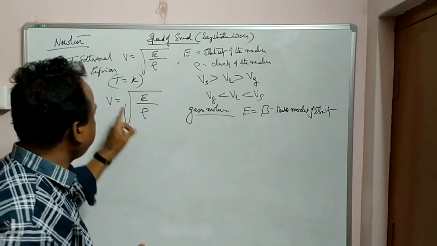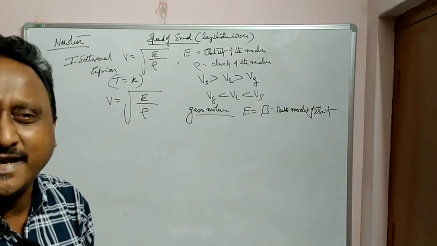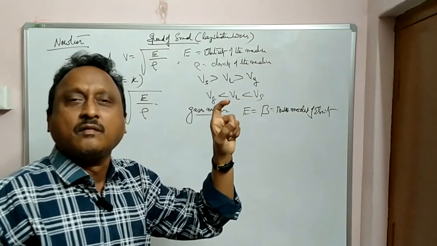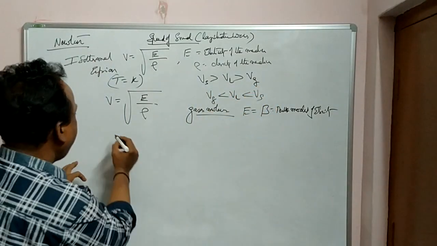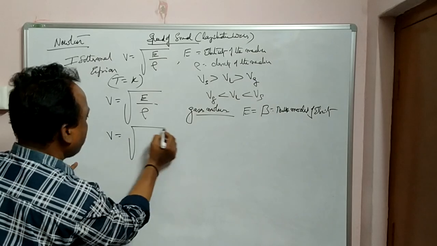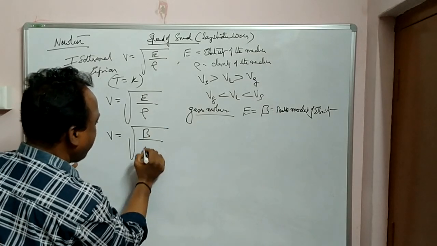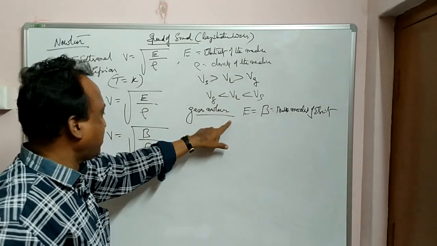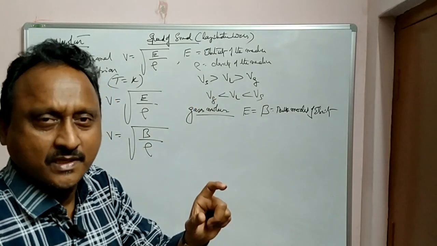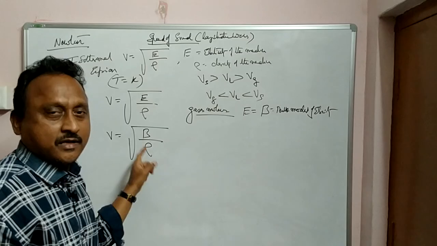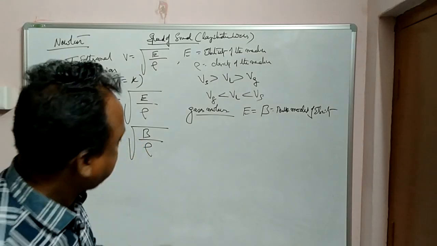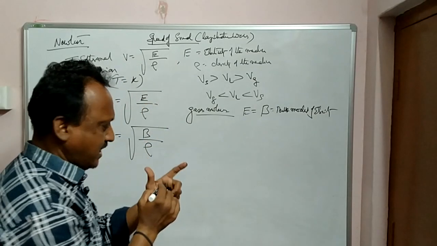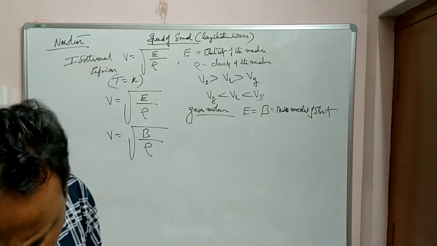So for gas molecules, V is equal to root over E by rho. E is the elasticity. So E బదులు మనం ఏ యూజ్ చేస్తాం? బల్క్ మాడ్యులస్ B యూజ్ చేస్తాం. అప్పుడు ఫార్ములా ఏమవుతుంది? V is equal to root over B by rho for gases. For gas molecules, B is bulk modulus and rho is the density. So what Newton has considered is, for example, the pressure. I'll change the equation here for calculation purpose.